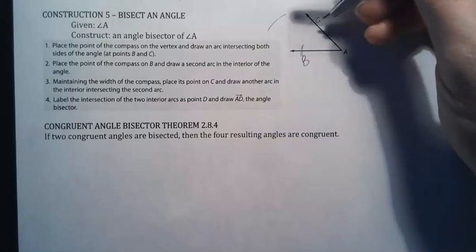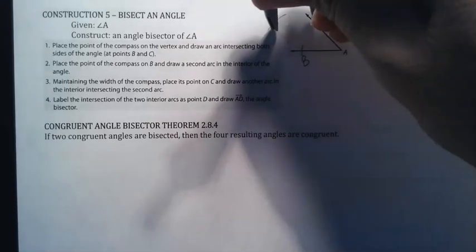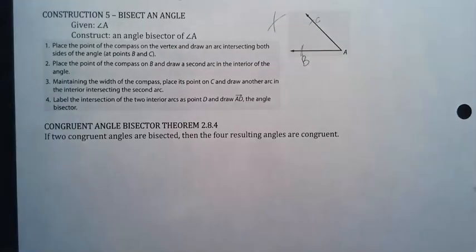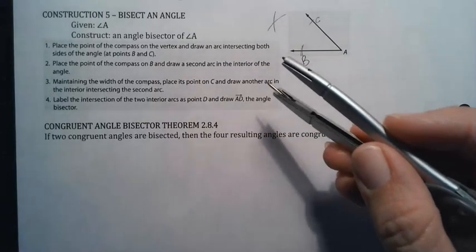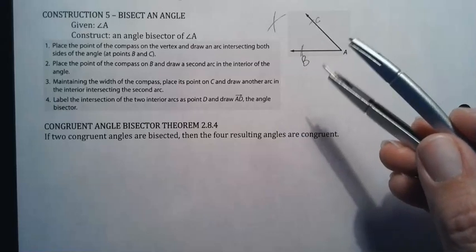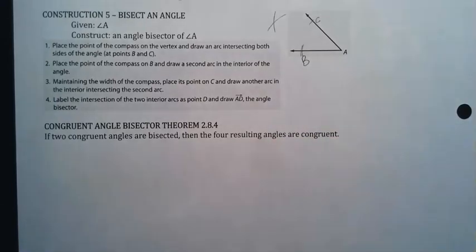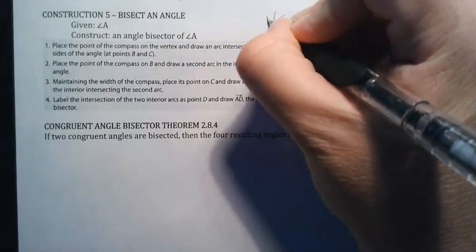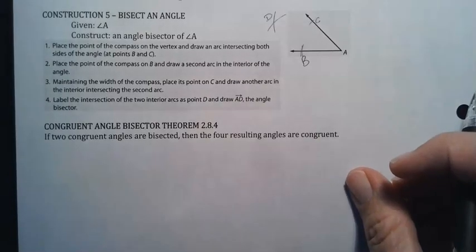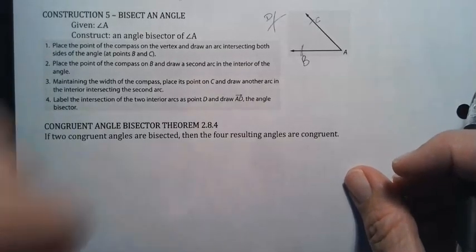Place the point on C and draw another arc in the interior. Notice how it wants to be intersecting the second arc that we drew. Now we label the intersection of the two interior arcs as D, and we draw ray AD, the angle bisector.